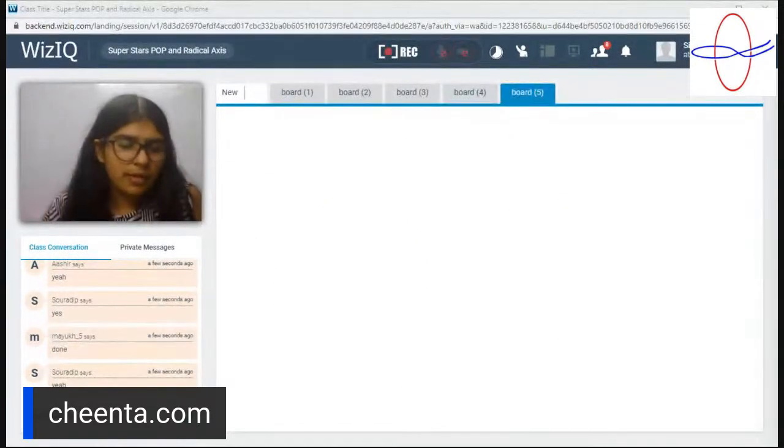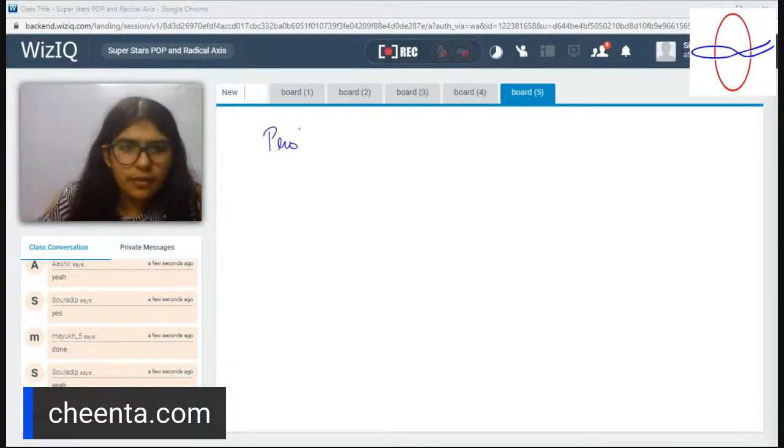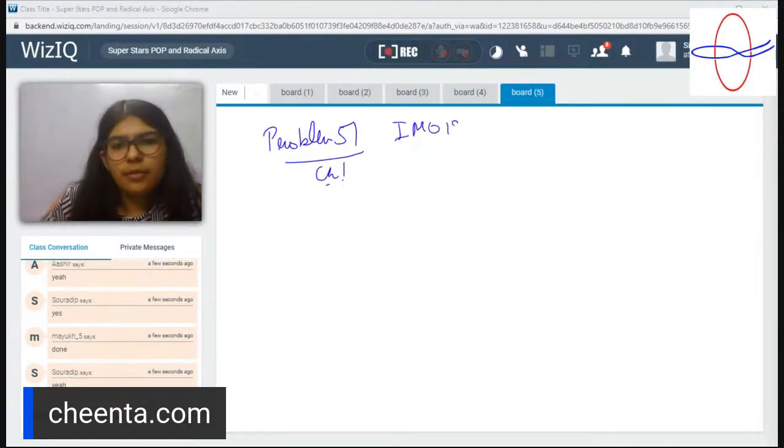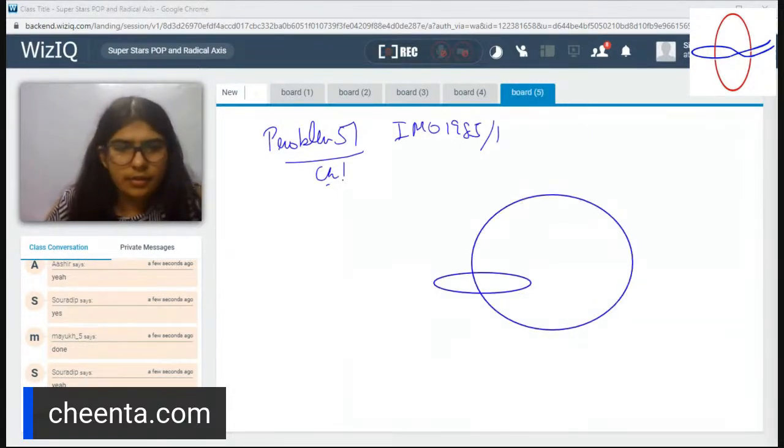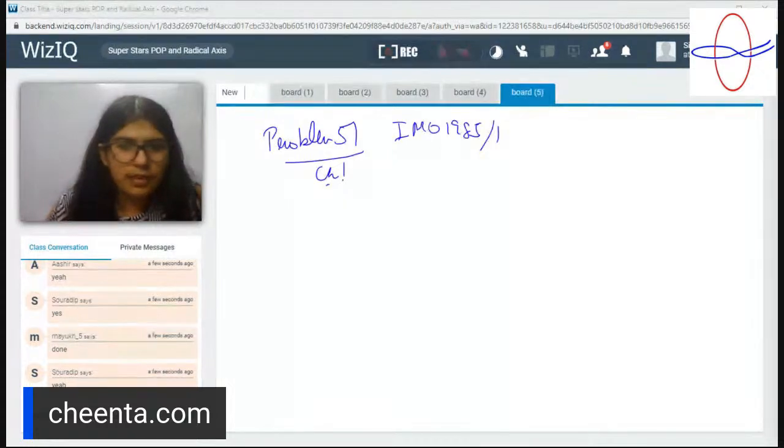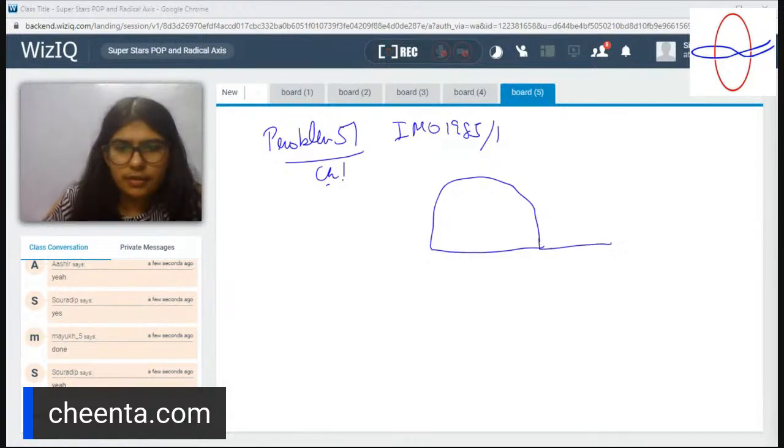Okay, so let's do another problem, the one Arjun said, problem 51, chapter 1. That's also IMO 1985 Problem 1. There's the circle. Actually, let me draw it. There's this circle.